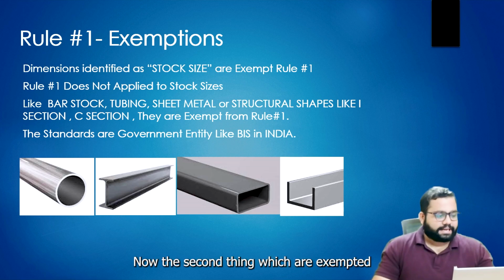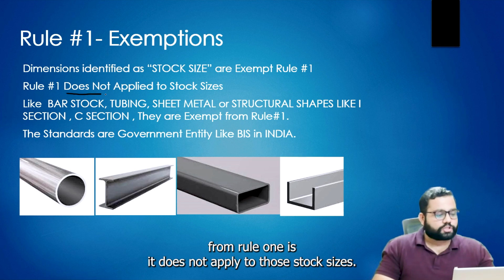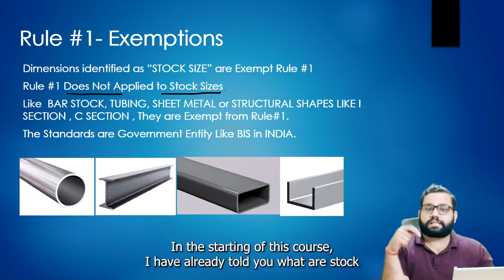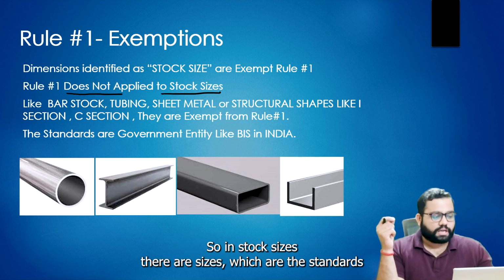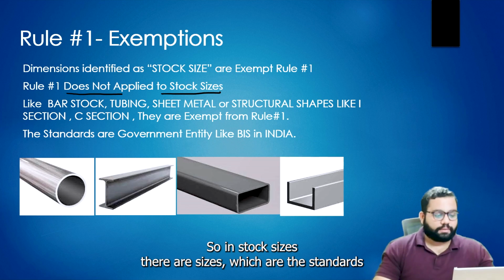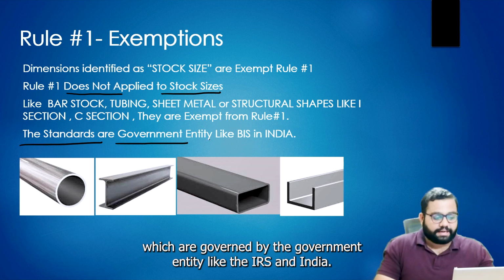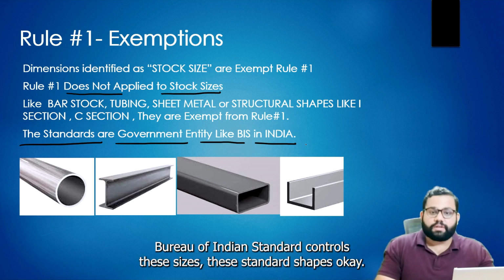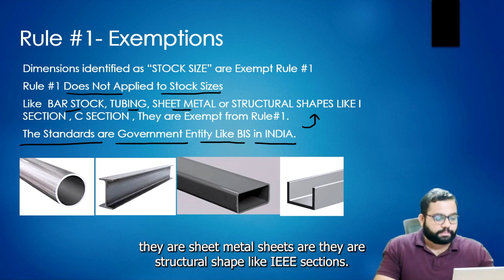The second thing exempted from Rule 1 is stock sizes. At the start of this course, I already told you what stock sizes are. Stock sizes are standard sizes governed by a government entity, like the Bureau of Indian Standards in India. These include bar stock, tubing, sheet metal, and structural shapes like I sections and C sections.